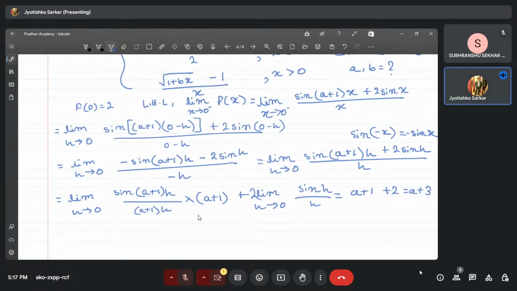Now this is equal to f(0), right? So what is the value of f(0)? f(0) is 2, so a is minus 1.